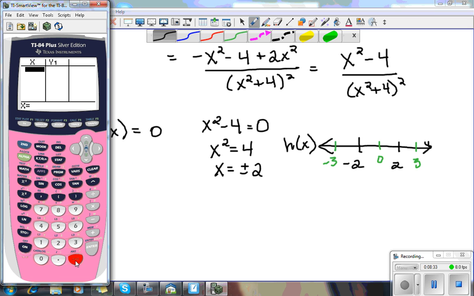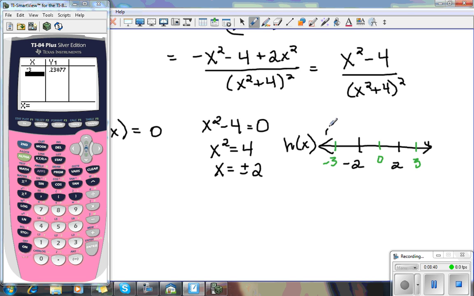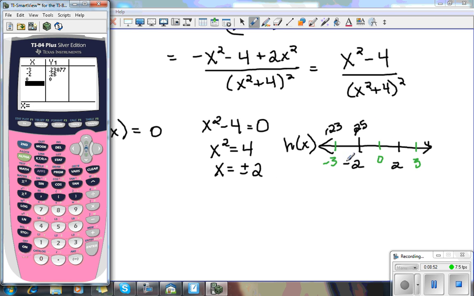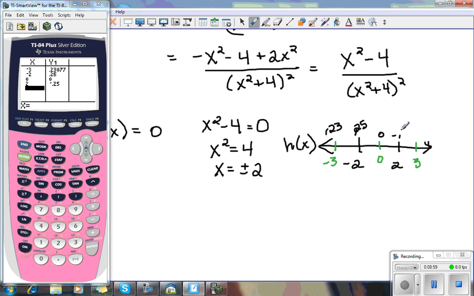So if I do a negative 3, I get 0.23. Plug in a negative 2, I get 0.25. Plug in a 0, I get 0. A 2, I get negative 0.25. And a 3, I get negative 0.23.